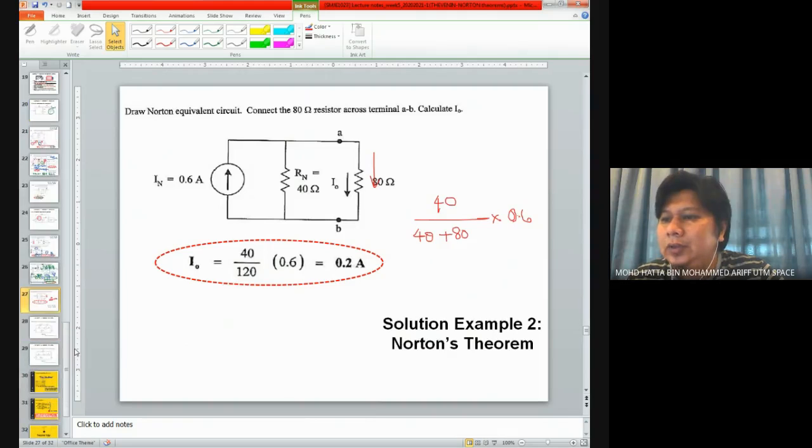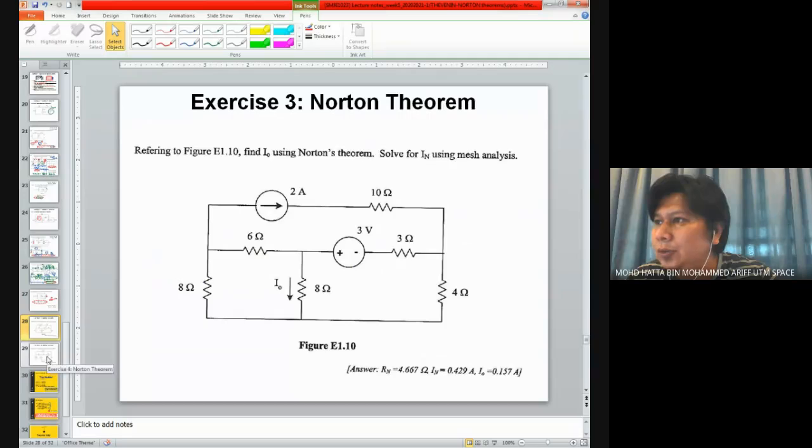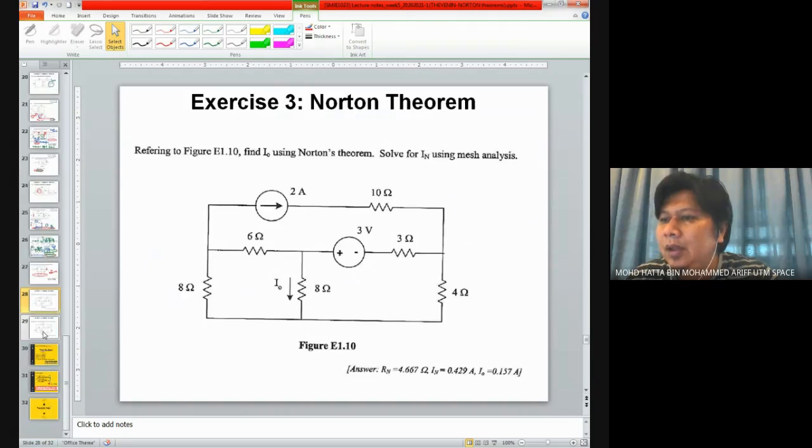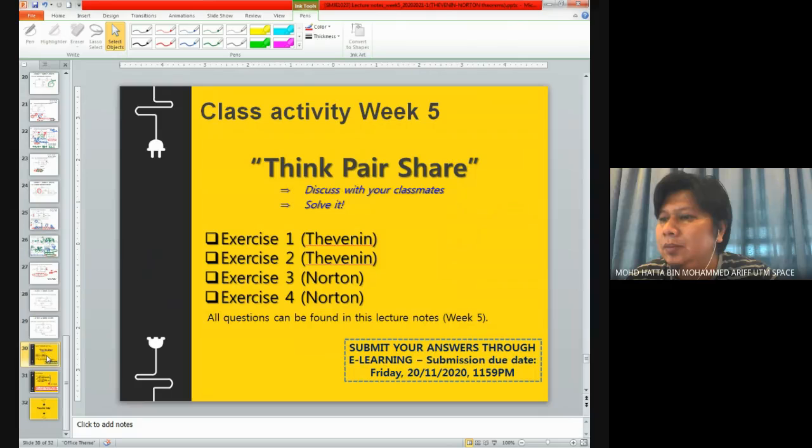Any questions so far? No? Okay, I'll also leave you with two exercises, exercise 3 and exercise 4, concerning Norton theorem. Please first have a look at the example and also look at the exercises.